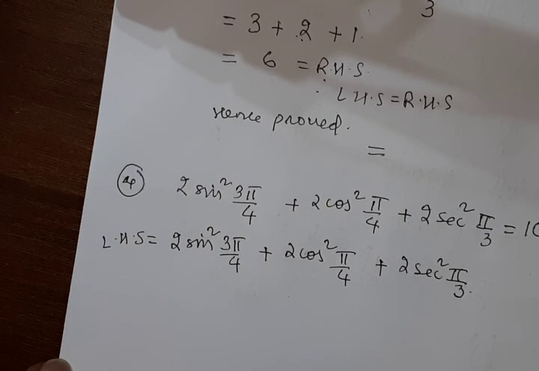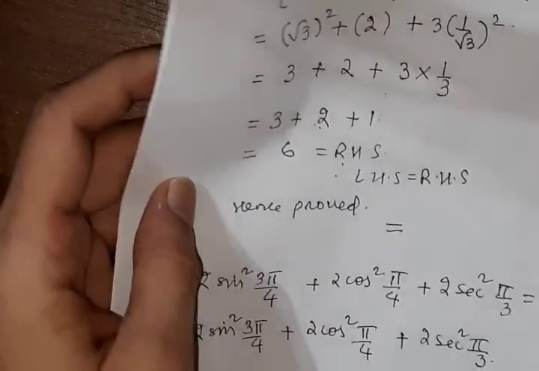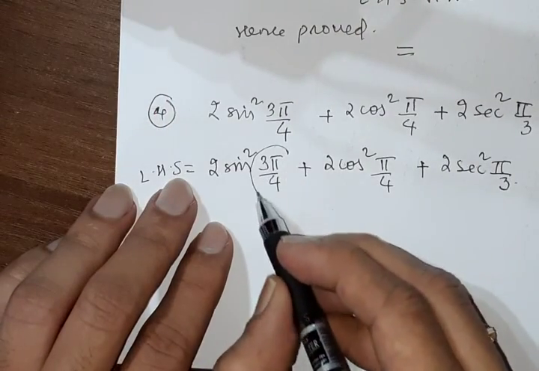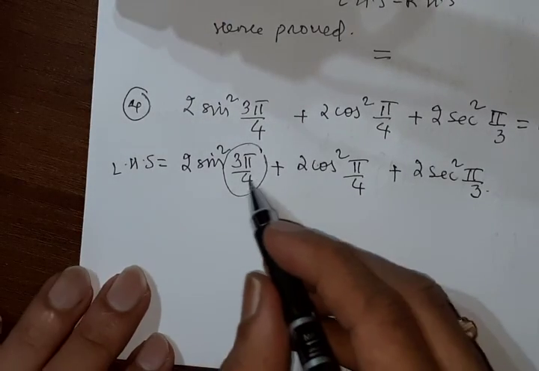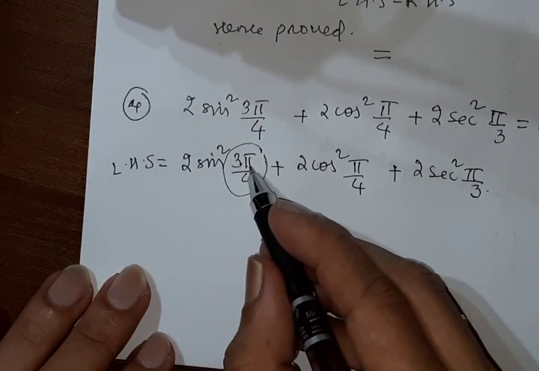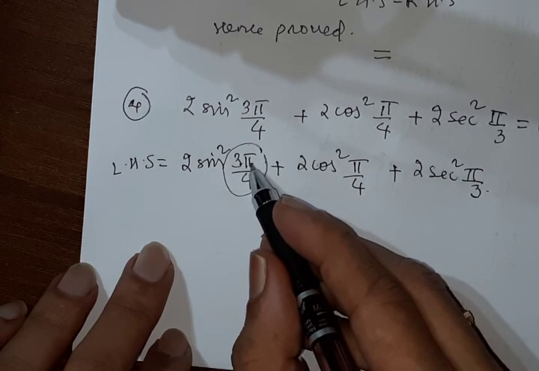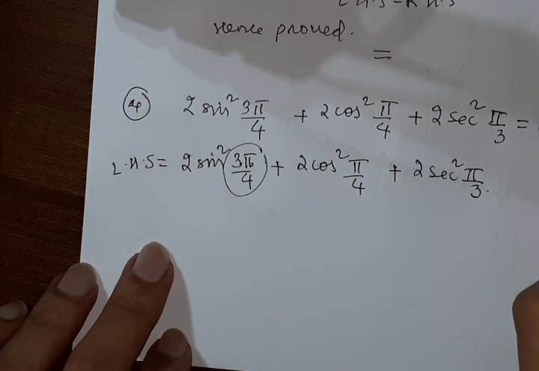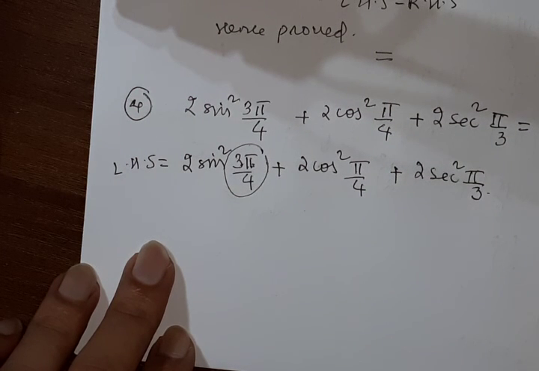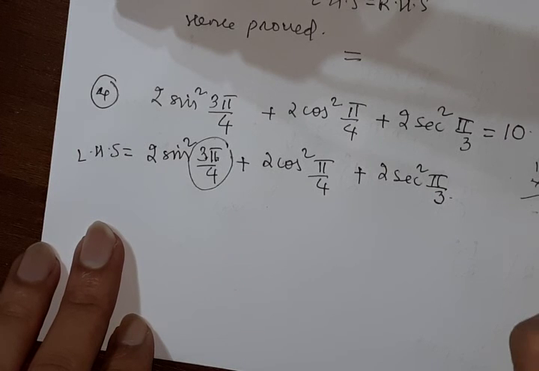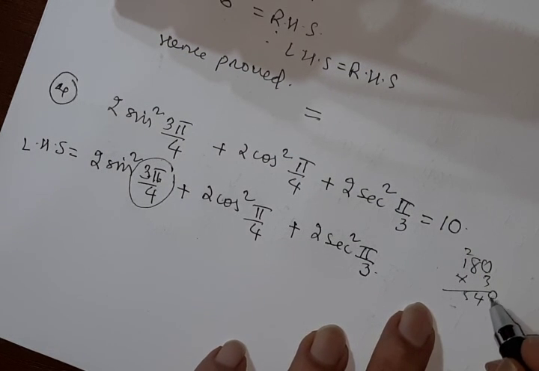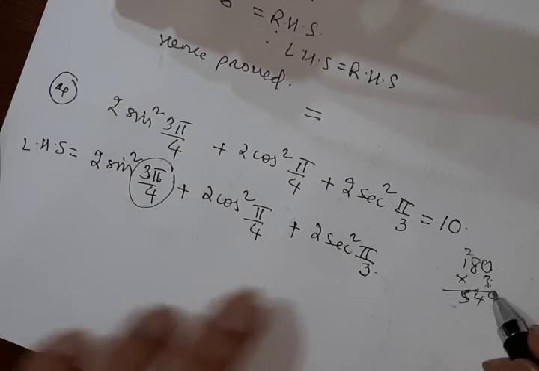Now here you see that the first angle, 3 pi by 4, is greater than 90 degrees. 3 times 180 is, no sorry, 180 multiplied by 3 is 3 times 0 is 0, 8 3s are 24, 540 degrees.